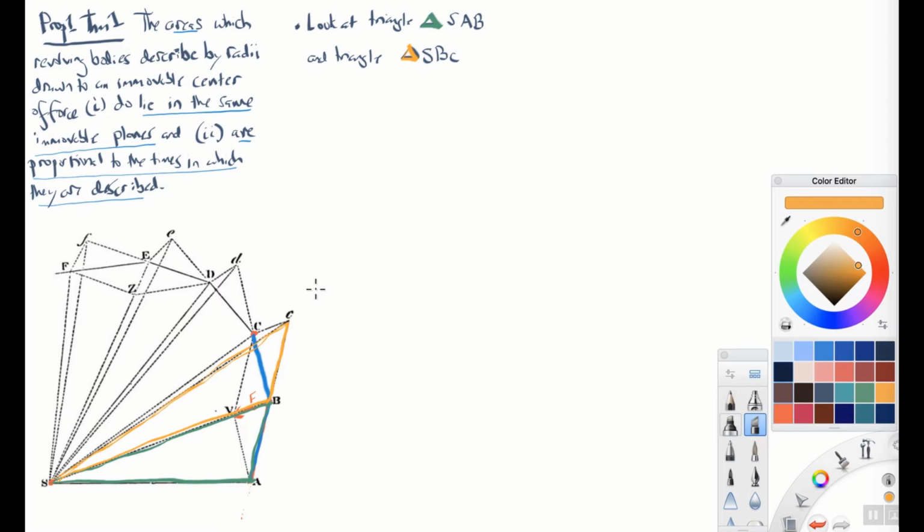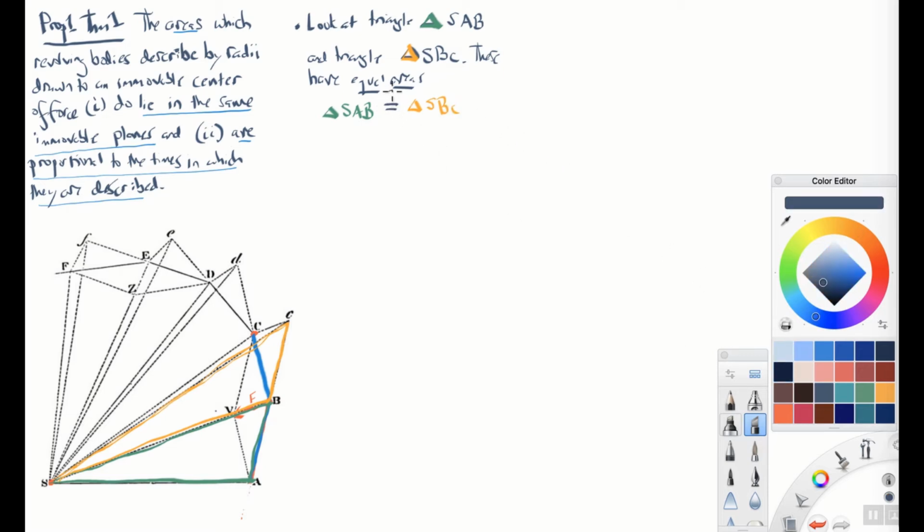Okay, now I'm going to claim that these have equal areas. That is, triangle SAB is equal to triangle SB little c.